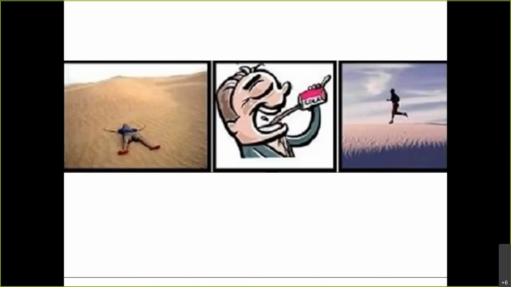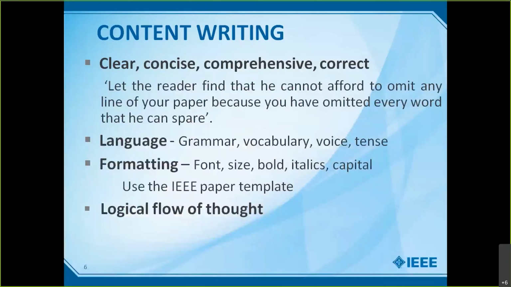I hope you understood it. Sequence matters. Suppose the audience is reading these three pictures from right to left. The message is totally distorted. So coming back to the point, logical flow of thought is very important.